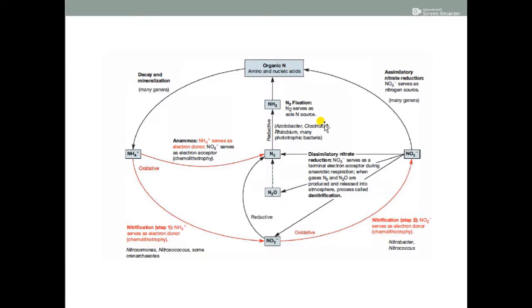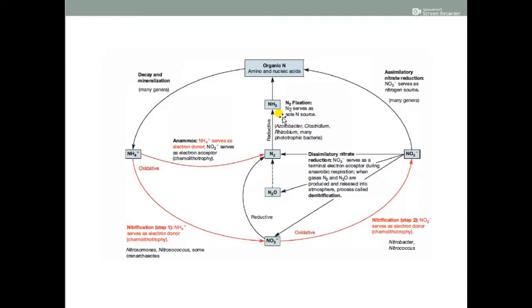At the same time, various symbiotic bacteria such as Rhizobium can carry out the same process of nitrogen fixation and result in the formation of ammonia. So the reduction of nitrogen to ammonia utilizes the nitrogen present in the atmosphere.